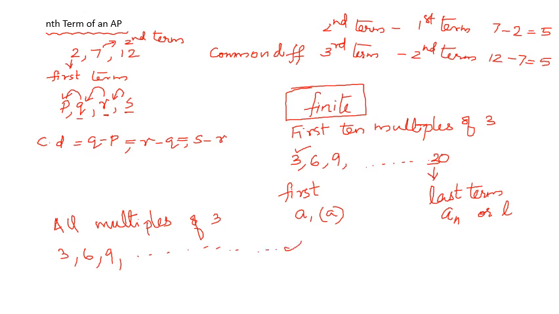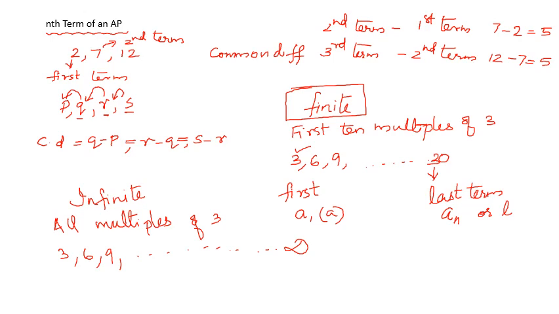No. It is infinity, because we don't know where it is going to stop. Any number you get, you add 3 to it, you get the next multiple of 3. So in this case, the AP becomes infinite. Are they in AP? Yes, because it has a common difference, that is 3. So they are in AP.